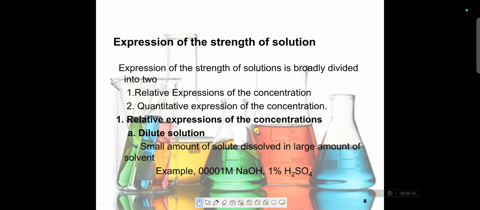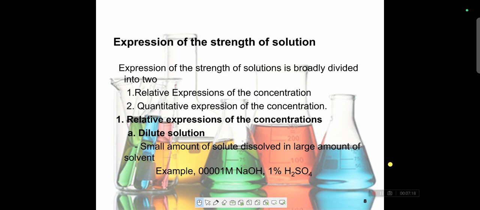Now, talking about the expression of the strength of the solution. The expression can be broadly divided into two types: the relative expression of the concentration and the quantitative expression of the concentration. To understand this, we need to understand what the strength of a solution is.